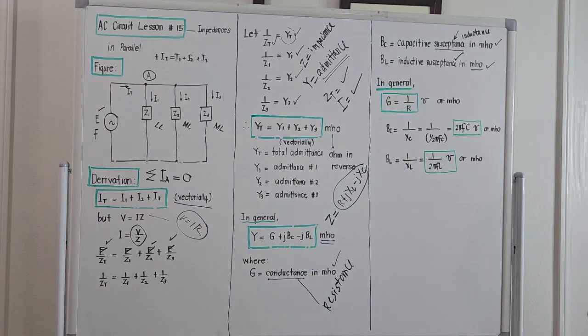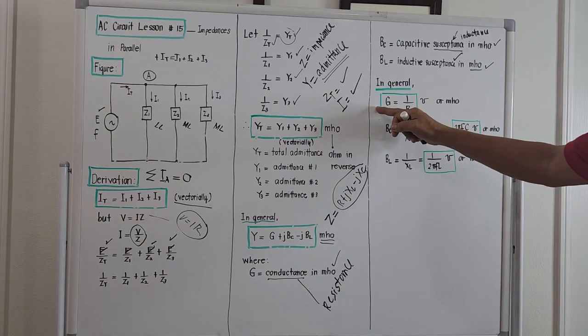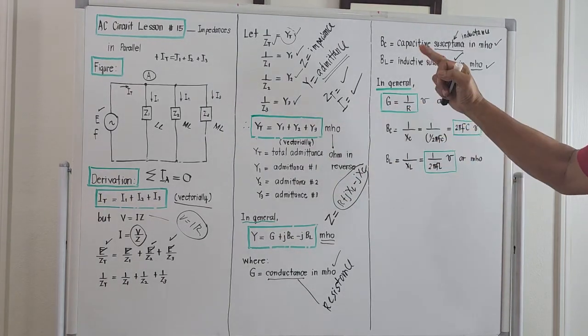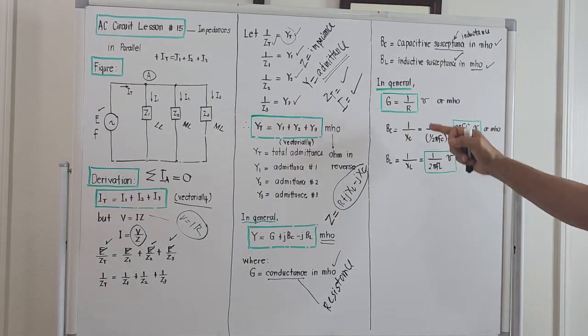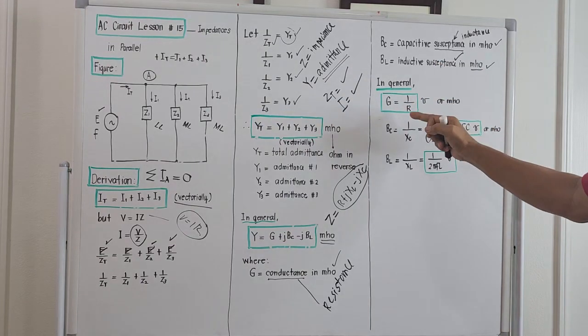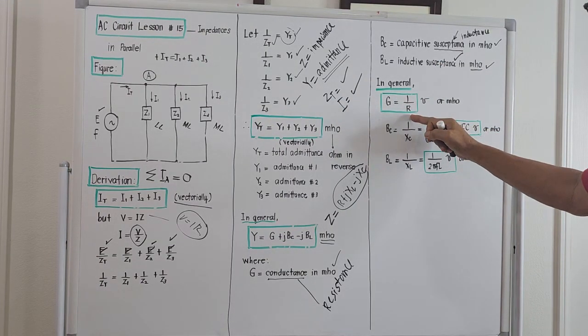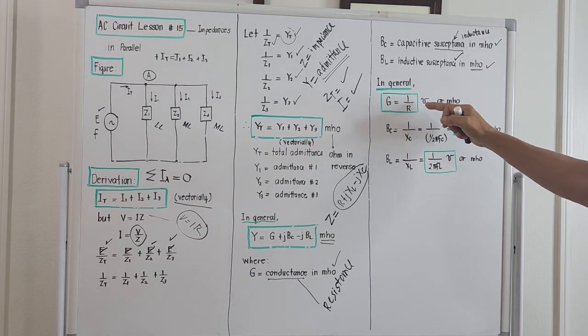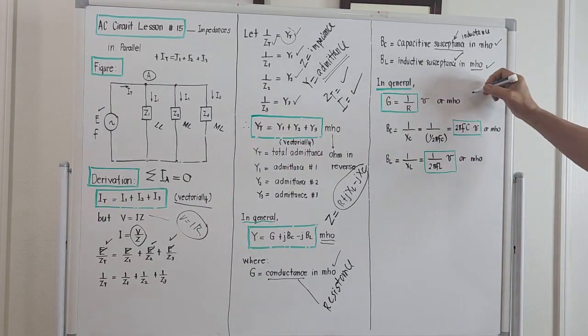And the formula on how to get the value of the so-called conductance and susceptance. Conductance is the reciprocal of resistance. So if you know the resistance, to get the conductance, just take the reciprocal. And the unit is mho. I write this one as the original ohm is like this, it's omega.